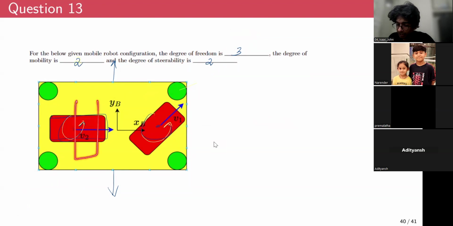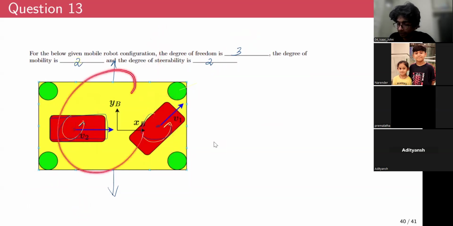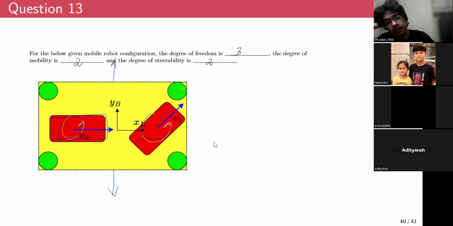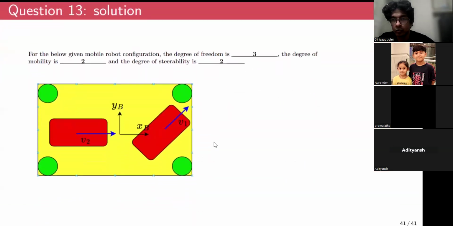And if 2 wheels are oriented like this, and one wheel is going in this direction and the other wheel is going in this direction, they can rotate like this with 0 turning radius. So they are far more maneuverable, but since it is a mobile robot, you only need 3 degrees of freedom to describe its configuration. So yeah, the answer is indeed 3, 2, and 2.